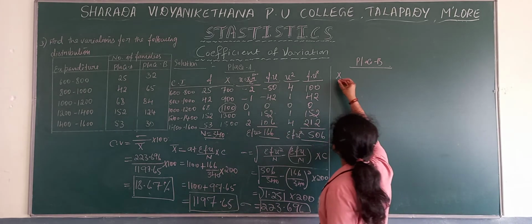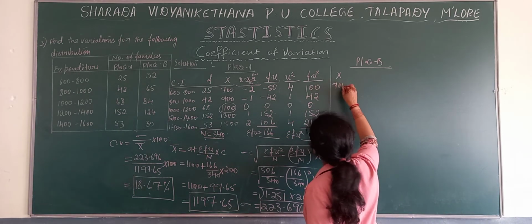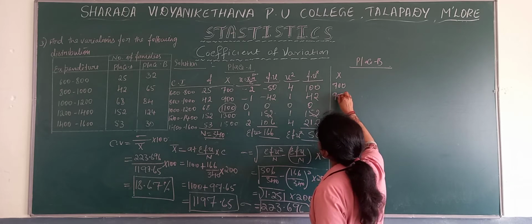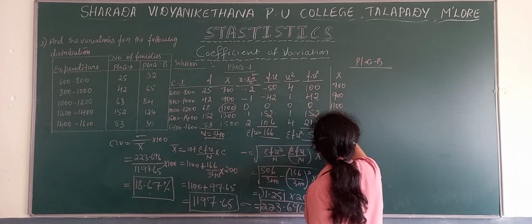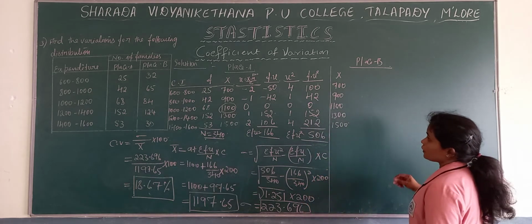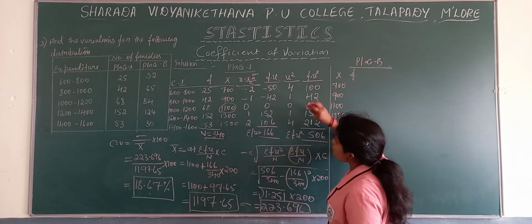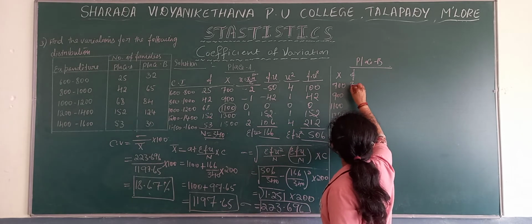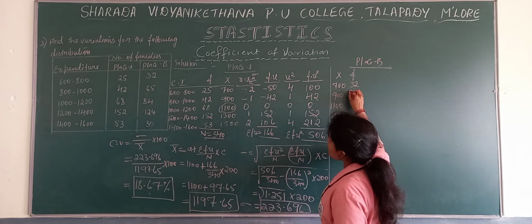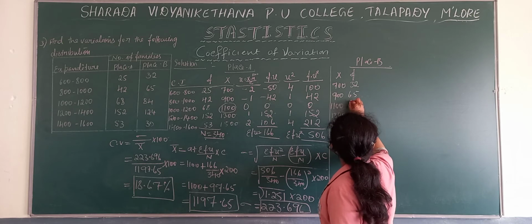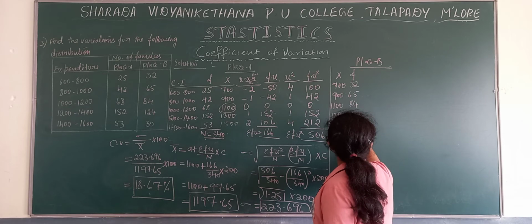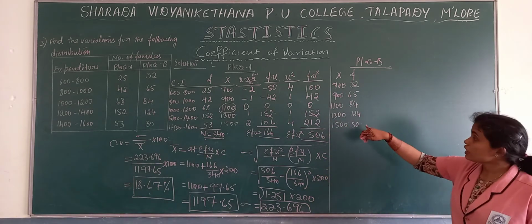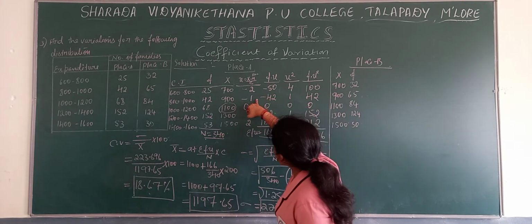So the X values are 700, then 900, 1000, 1100, 1300, 1500. Then the frequencies for place B are 32, then 65, then 84, 124 and 30.